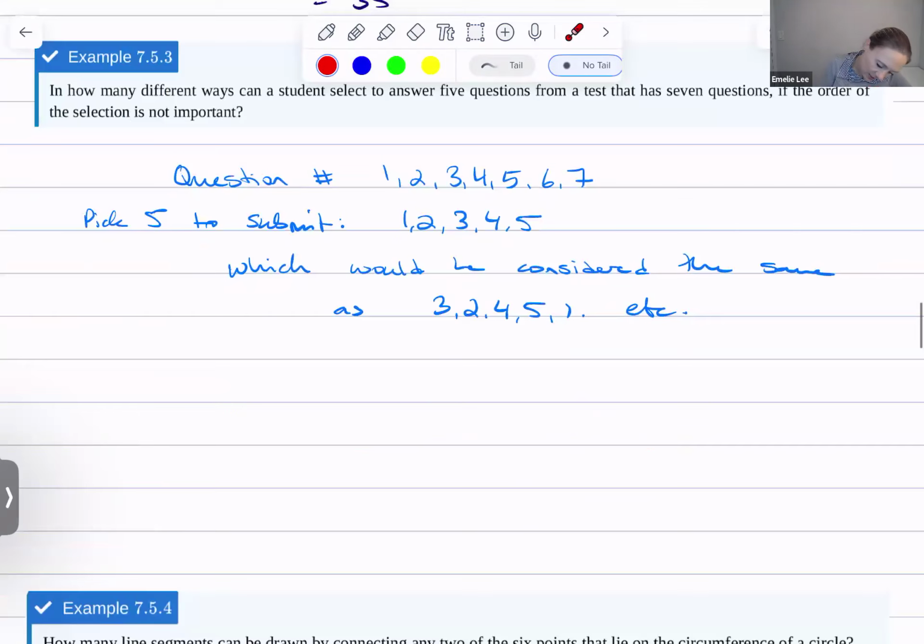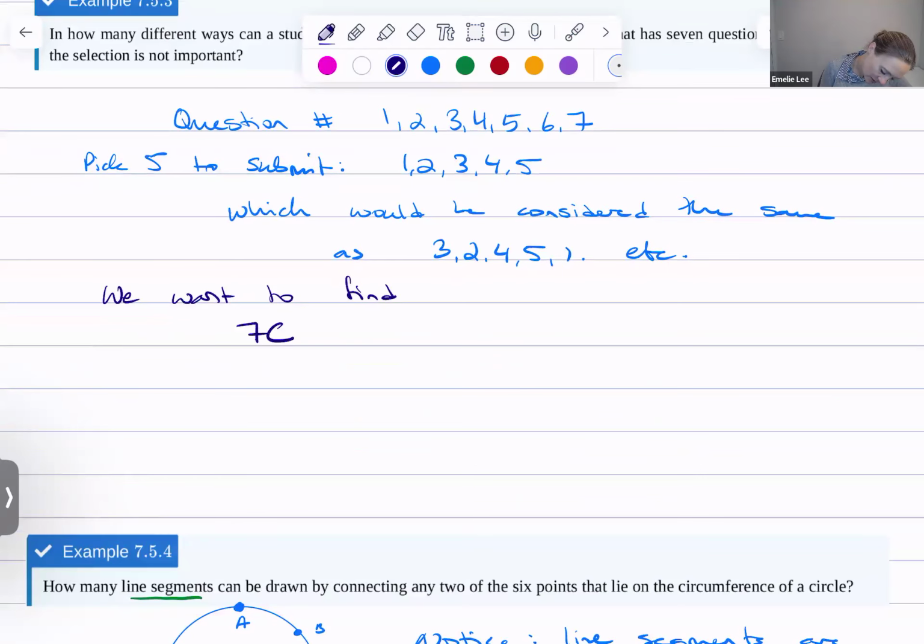And so what we have is we want to find 7 choose 5. So from 7 things, choose 5.